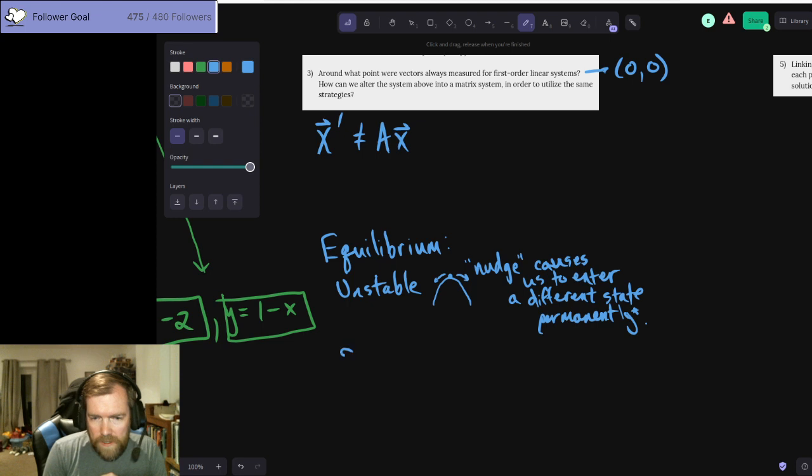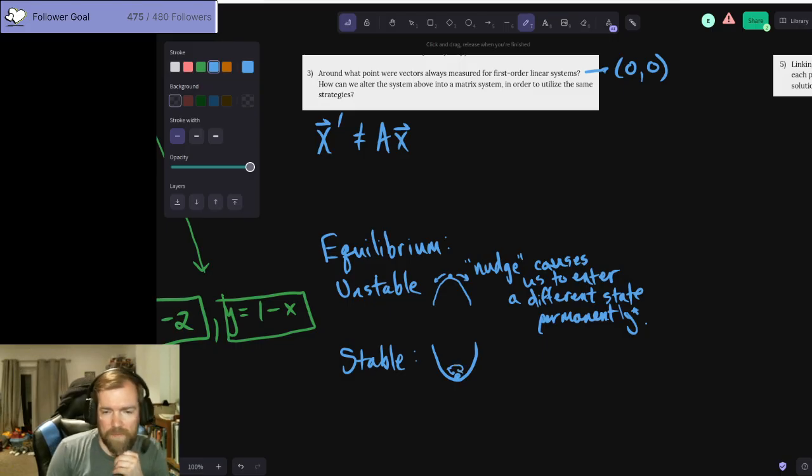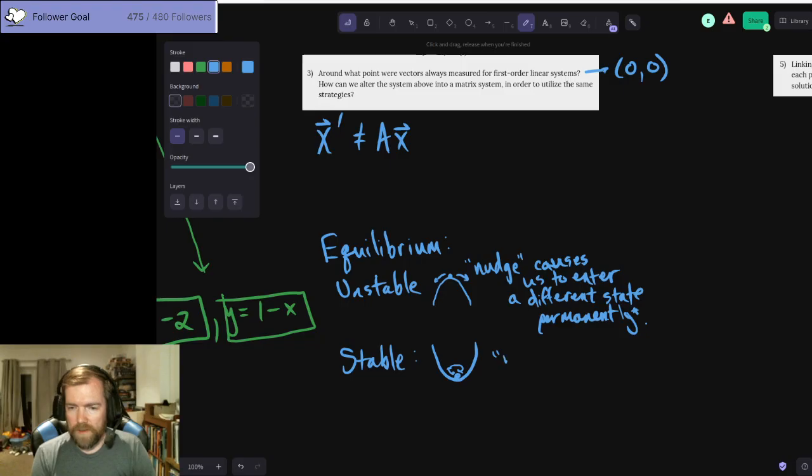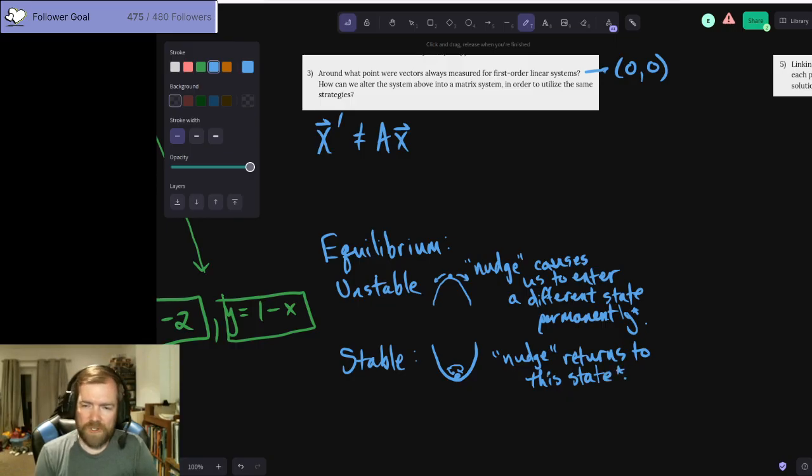We have the stable equilibrium, which is like the bottom of a bowl or a hill. If you nudge it upward, then it's going to generally fall back right where it came from. And again, generally speaking, a nudge is going to cause it to return to this state.